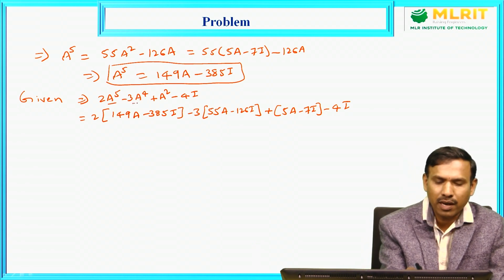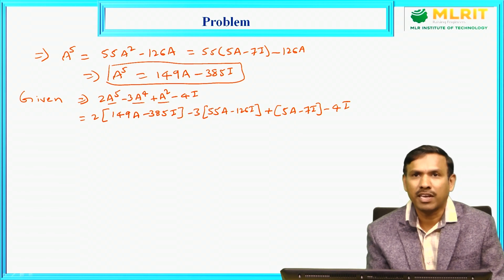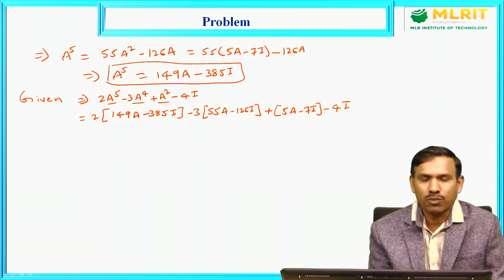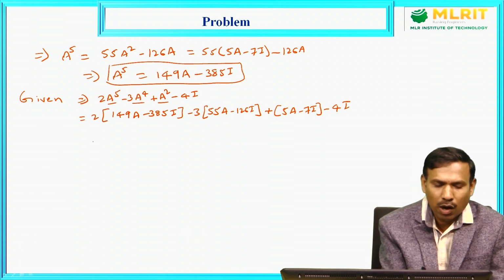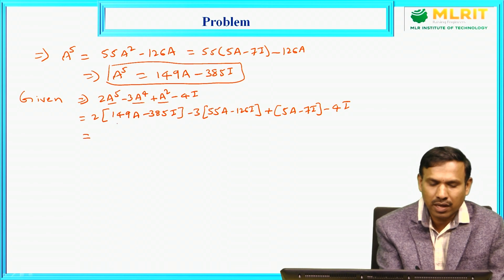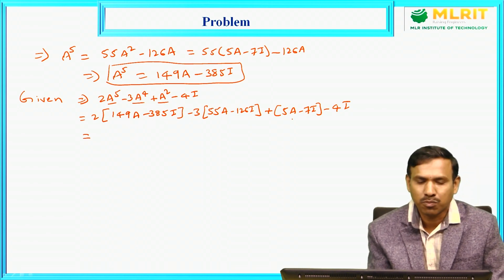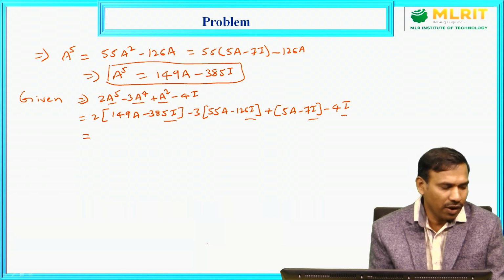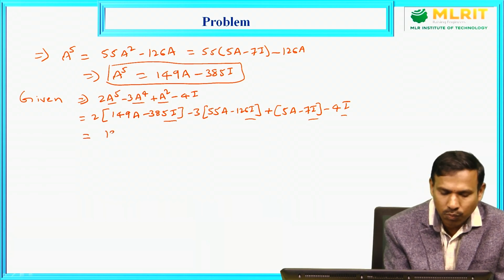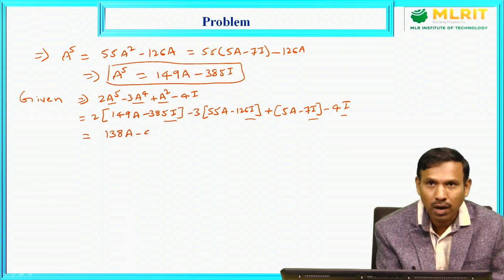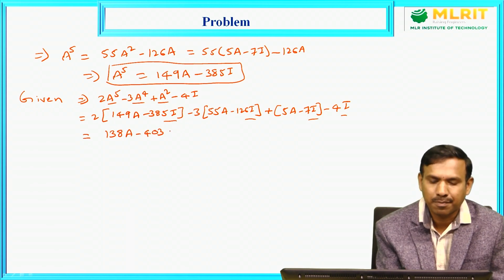A power 5, a power 4, a square in terms of linear polynomial in a, that we expressed, because already we have prepared all the values using the Cayley-Hamilton theorem. Now, simplifying all these, here a terms, all a terms, and I terms, here I coefficients. So, simplifying that, we are going to get 138a minus 403i.